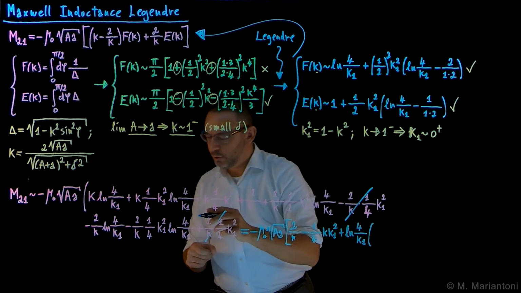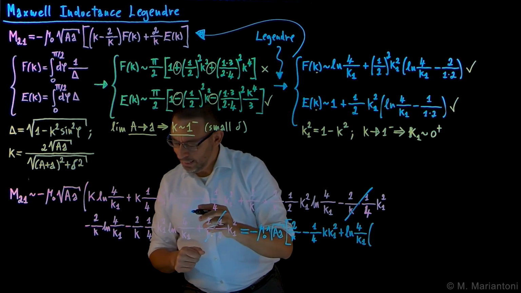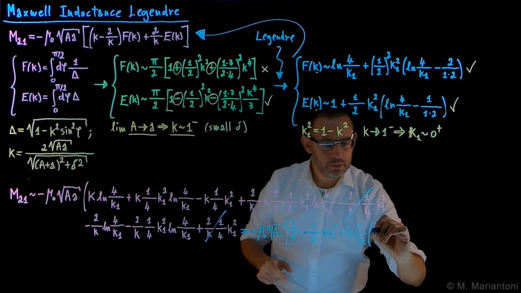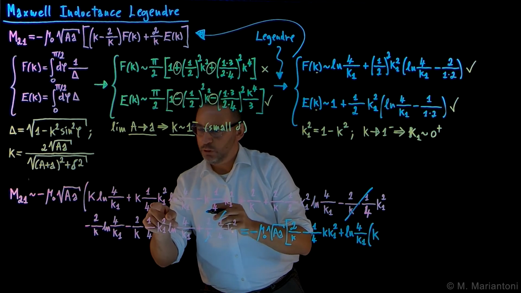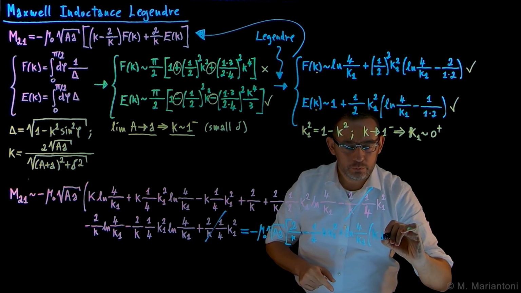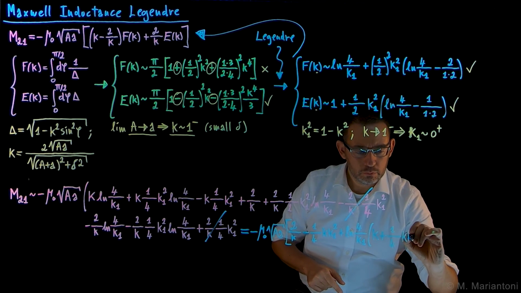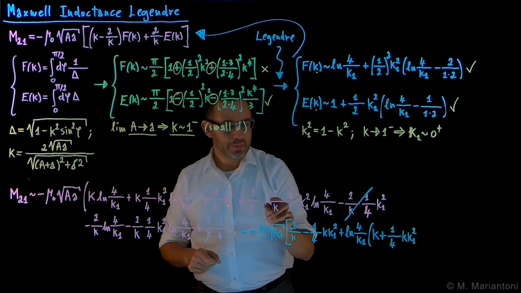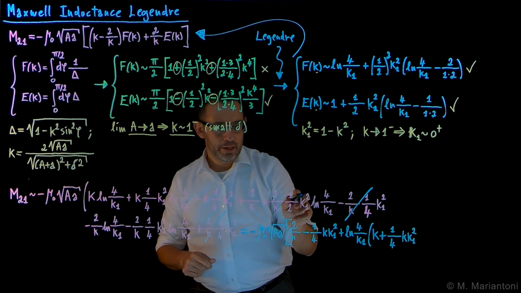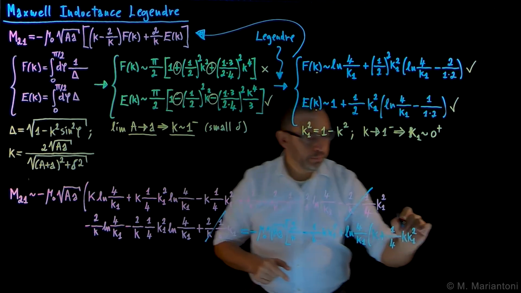Let us begin with k. That's exactly right. Then there should be 1, which is plus 1/4 k, k1 squared. And then there should be another term, which is k1 squared minus 2 over k, minus 2 over k.